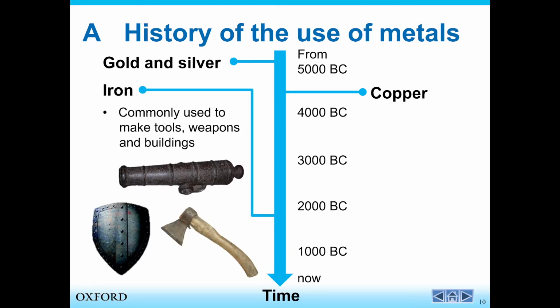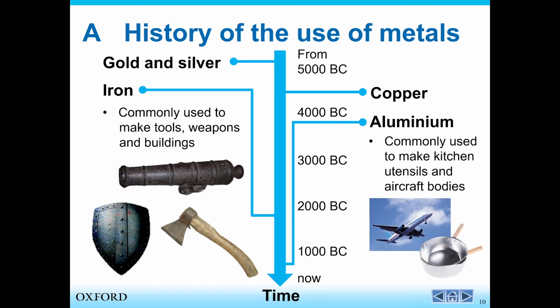Iron, roughly around 1000 BC, used for weapons and buildings. And aluminium is rather quite recent.